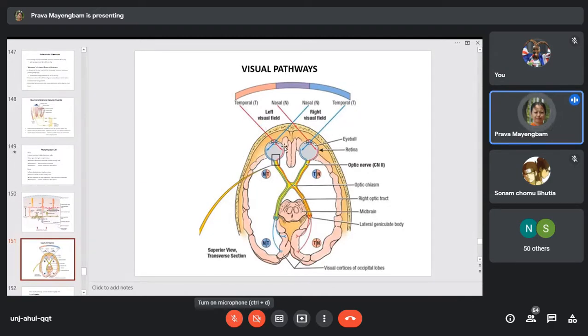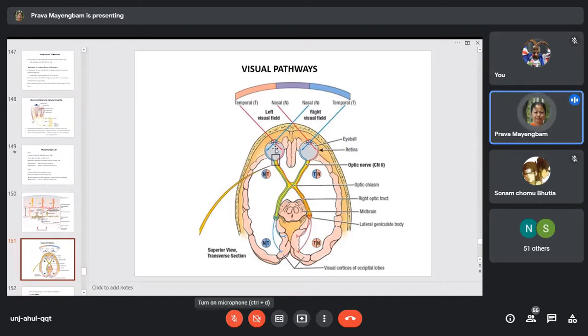Another way to put it: the nasal portion of the retina is going to receive the vision of the objects towards the left, and the temporal part of the retina is going to receive the signal from the objects at the right side.